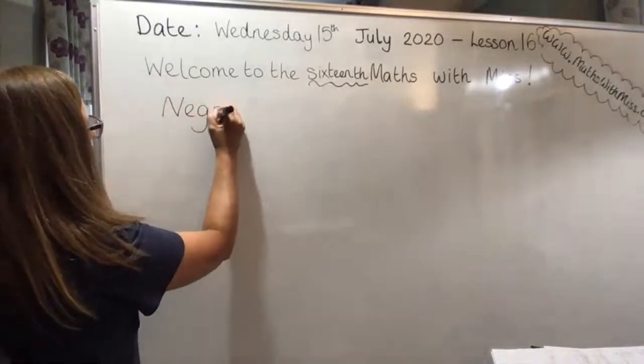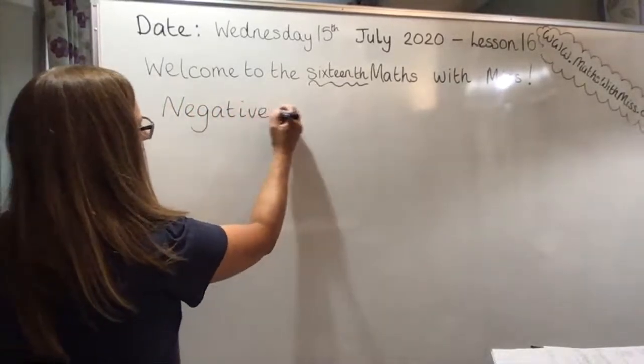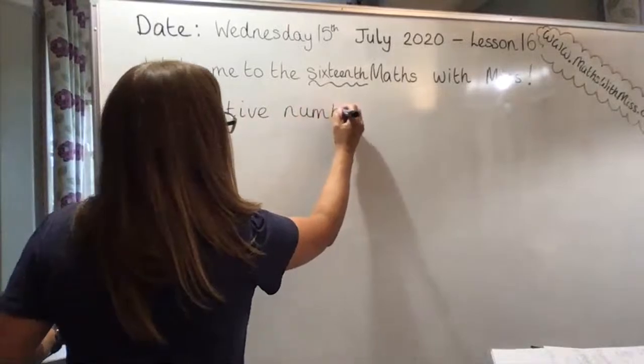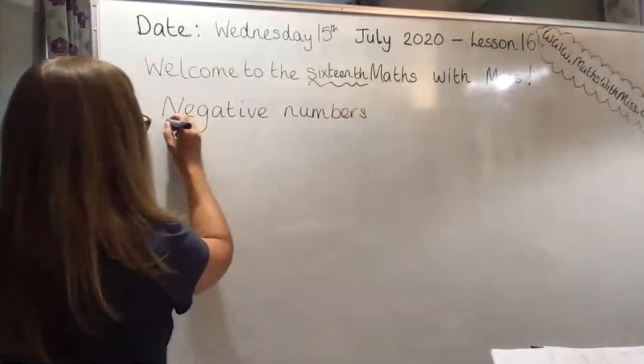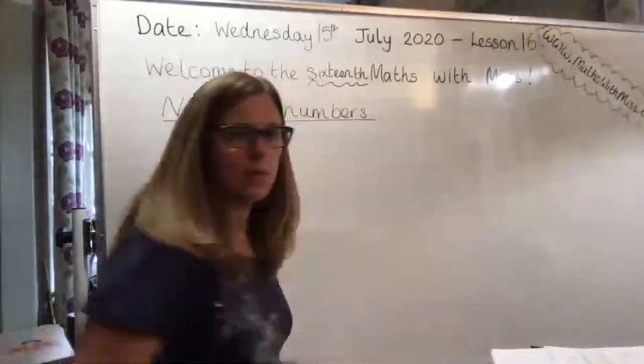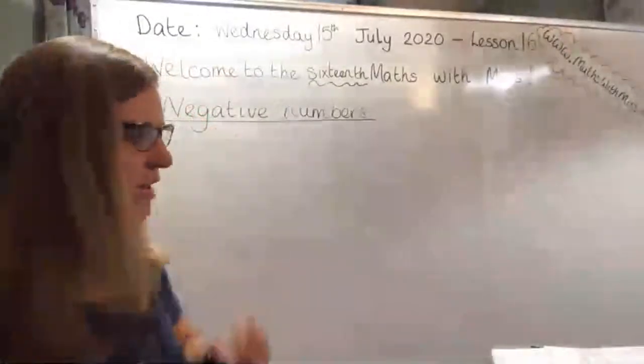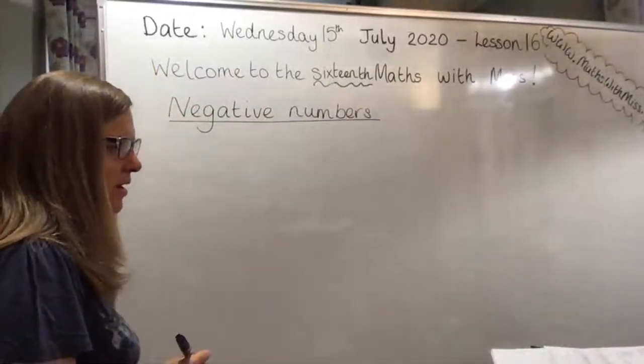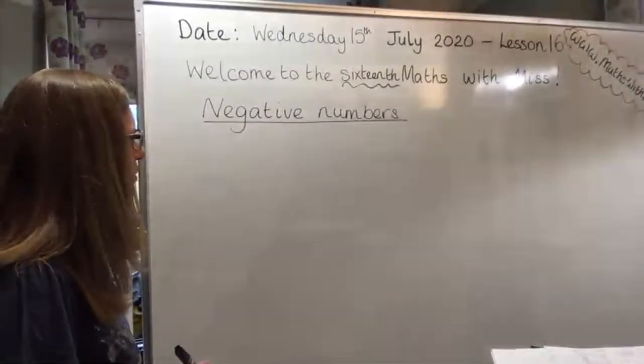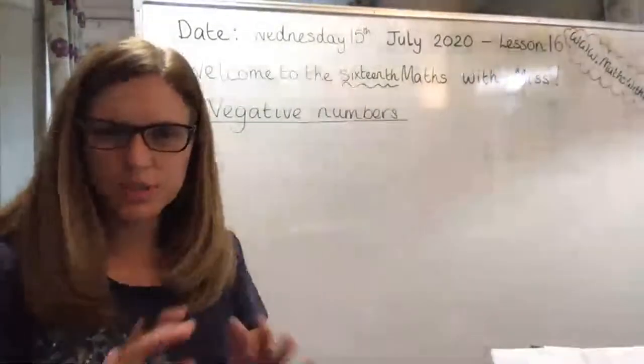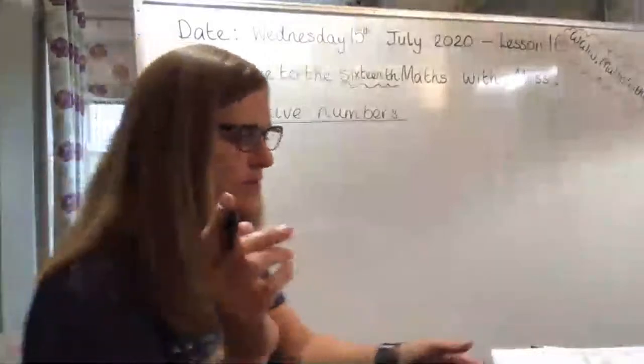Lots of different ways that we can look at negative numbers. I'm going to try to show you a method actually that I've taught my daughter who's in year 4. It's called using 0 pairs. It sounds a bit weird, but bear with me.